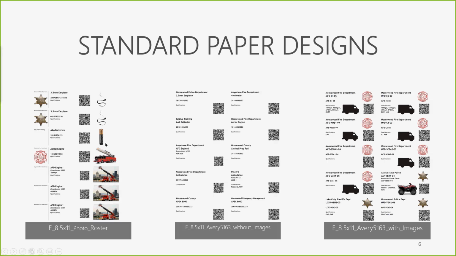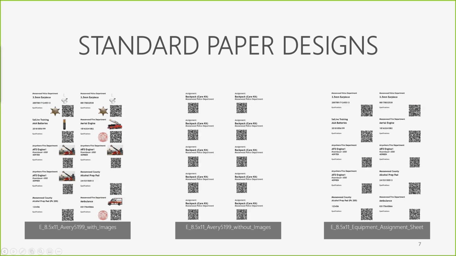You'll see on here that the pictures are a lot bigger, as well as the logo. So again, as the name says, photo roster. That's why the photos on here are a lot bigger. It helps you really identify the piece of item or equipment that you're labeling. Next on here we have the 5199 design.